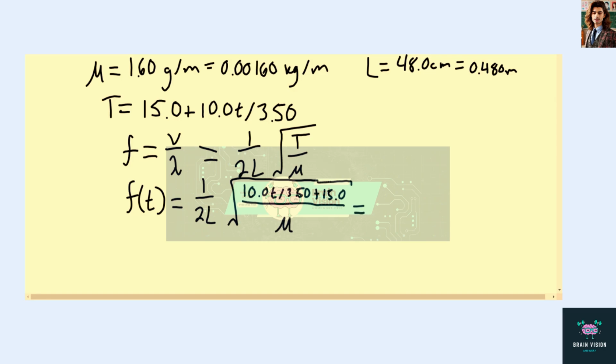We can separate the square root of the numerator and the denominator since mu is going to be constant, but T, of course, changes over time. So we can rewrite this as 1 over 2L square root mu, multiplied by the square root of the tension formula, 10.0 t divided by 3.50 plus 15.0. All right, so that is our formula for f as a function of time.